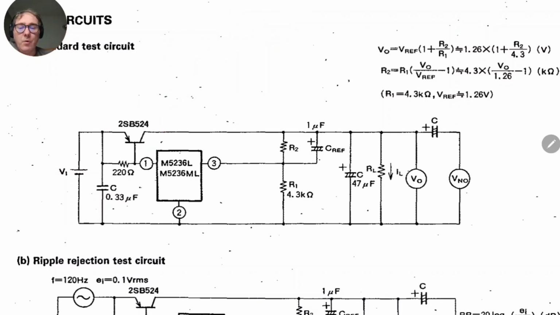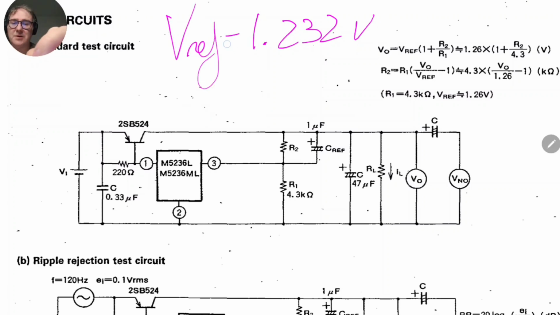So how does the thing work? It generates a voltage of 1.232 volts, which is called the V reference voltage. This voltage is generated internally in the circuit.